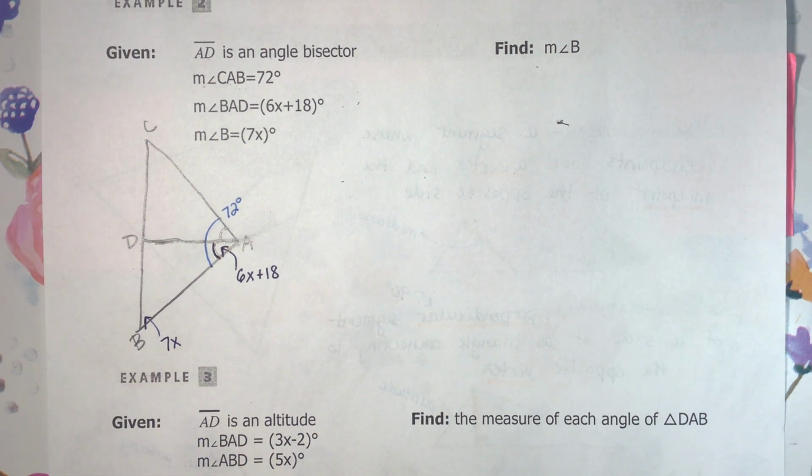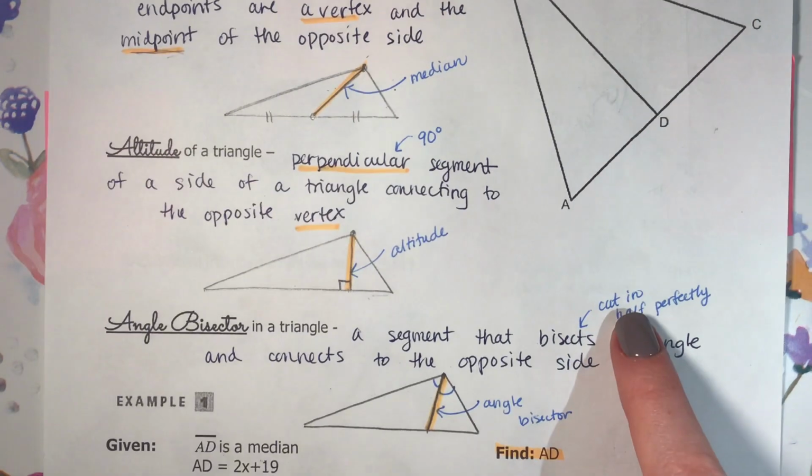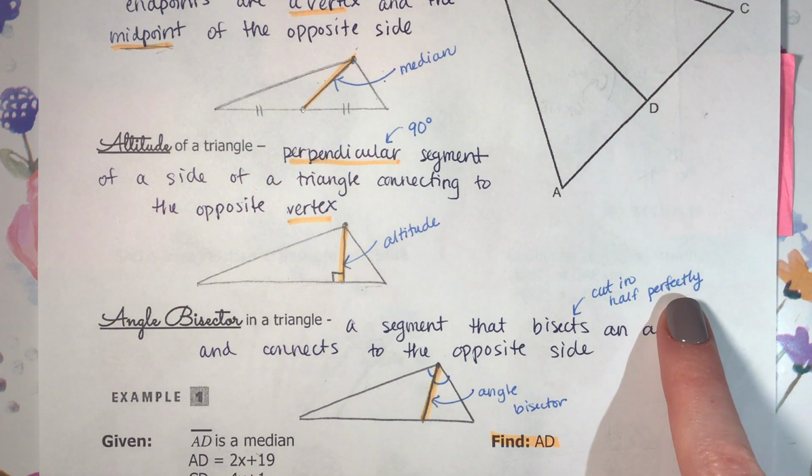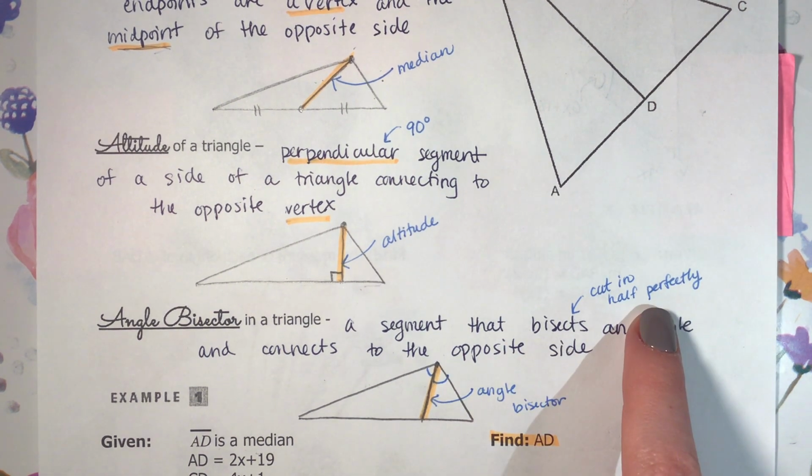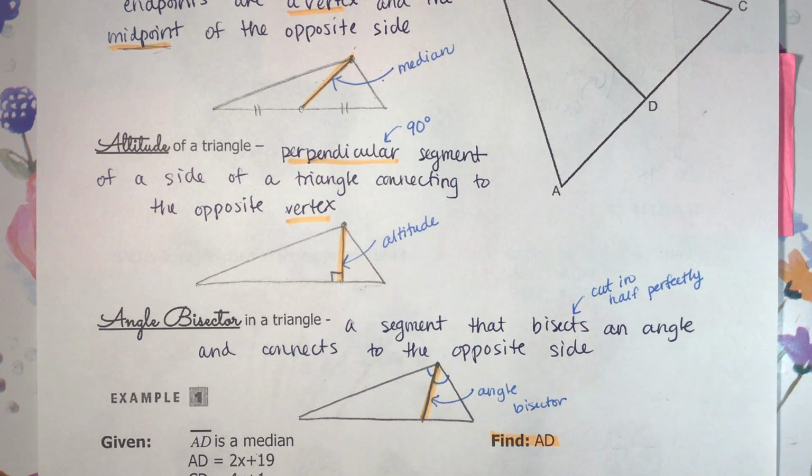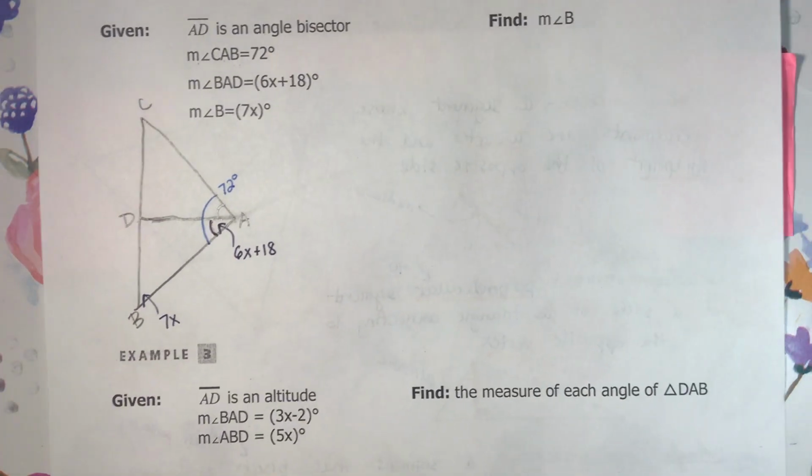We have a few relationships that we can easily use. Notice how this is an angle bisector, and remember, a bisector cuts something in half perfectly. Bisect means to cut in half, not just to cut in two, but to cut into two equal pieces.